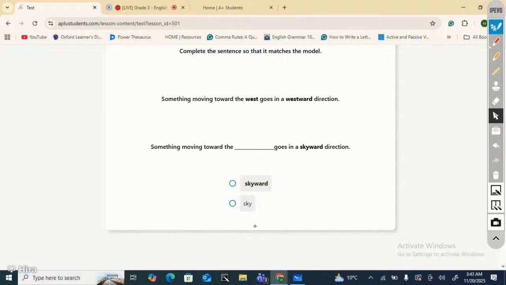Yes, it's option one. Something moving toward the sky goes in a skyward direction. Yes, it completes the pattern and it matches the model as well.